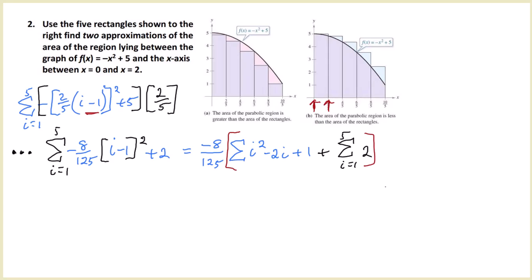Notice it changed what's in blue inside the brackets. So now I'm going to split the blue part into 3 separate summations. Similar to what we did the first time, the shortcut for i squared is n times n plus 1 times 2n plus 1. That's just for the i squared.